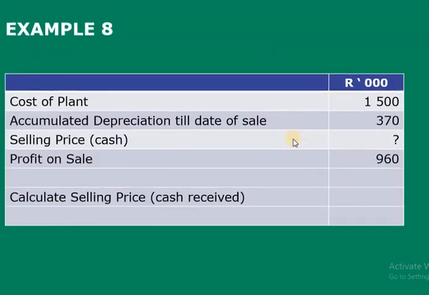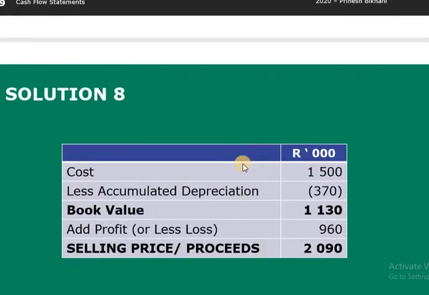If we go to example 8, the cost of the plant is 1.5 million. The accumulated depreciation up to date is 370,000. Selling price we don't know, but we know that there's a profit on the sale of 960,000. Calculate the selling price, the cash received.